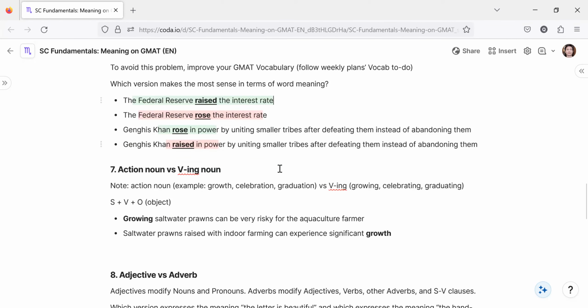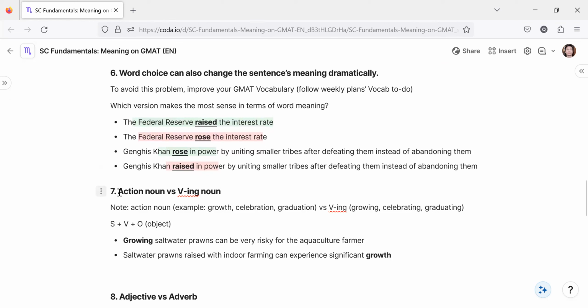Okay, 7th rule: action noun versus verb-ing noun, or verb-ing forms acting as nouns, which the academic term for is gerund. So for example, jogging, walking, swimming.